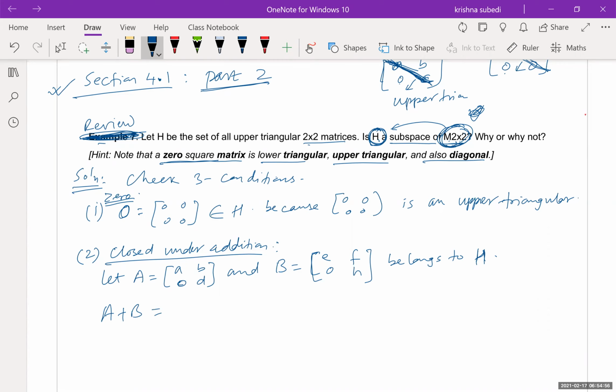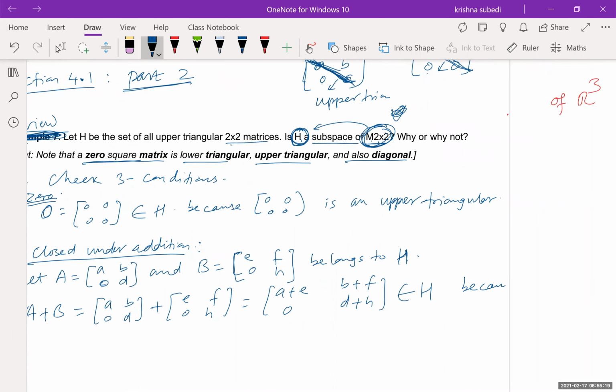A plus B will be A, B, 0, D plus E, F, 0, H. This will be A plus E, B plus F, 0, and D plus H. This belongs to H because this is clearly an upper triangular matrix. Look at the diagonal, and below the diagonal it's 0, which means it's upper triangular.